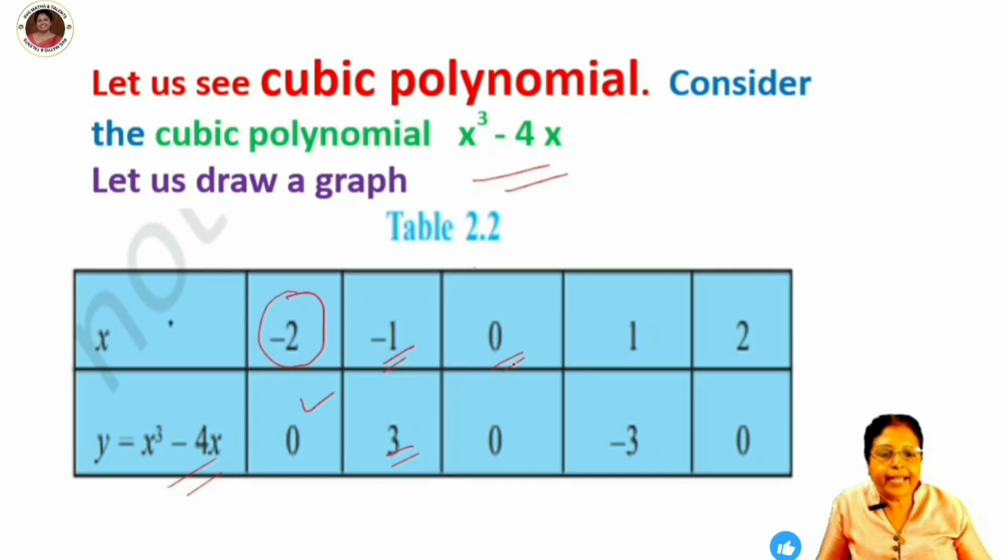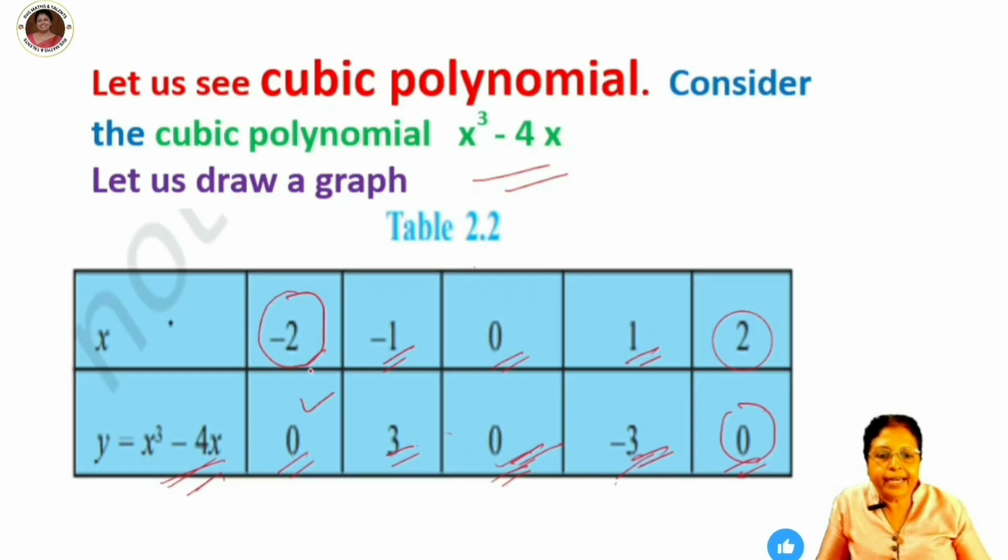If you substitute x equal to 0 in y equal to x cube minus 4x, we get the value 0. If you substitute 1 for x, then we get y equal to minus 3. If you substitute x equal to 2, we get y equal to 0.